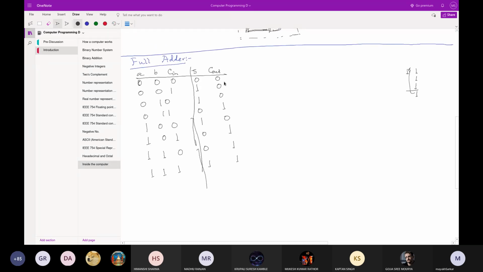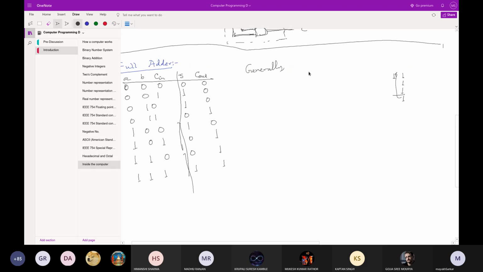Now this truth table directly does not tell us anything. Generally, to get the minimal circuit from the truth table, there are two widely used algorithms.